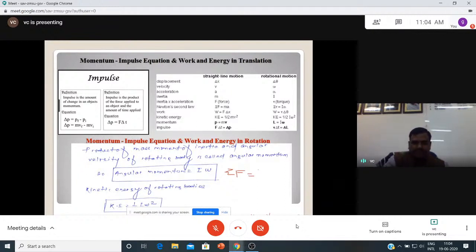The resultant force is equal to mass, that is W by g, into acceleration.